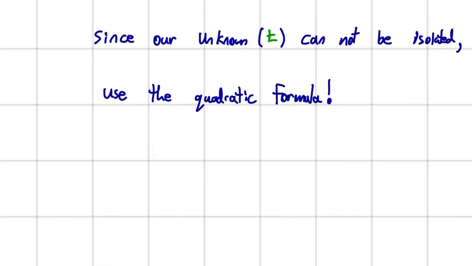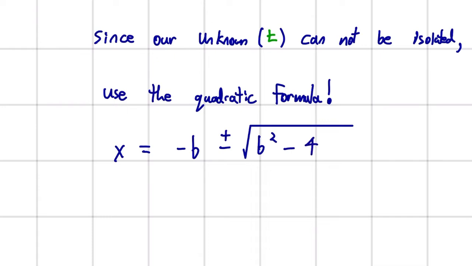Okay, so here's our quadratic formula. X is equal to negative b plus or minus the square root of b squared minus 4ac. Let me write that without the brackets. It's a little cleaner.